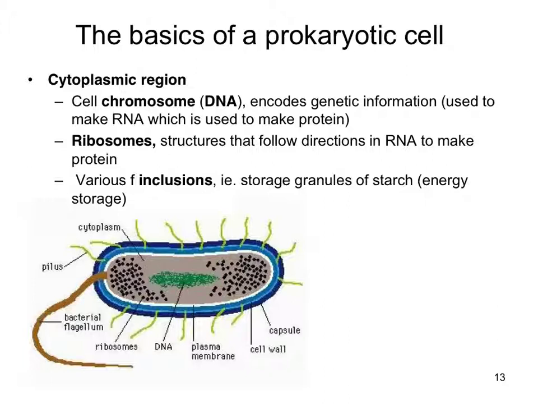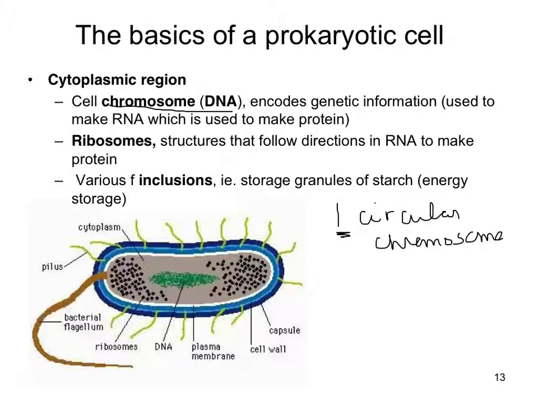Now, floating around in that mixture are some very important structures. One, of course, is the genetic information for the cell, which is the chromosome. In most bacterial cells, there's one circular chromosome. Just one.